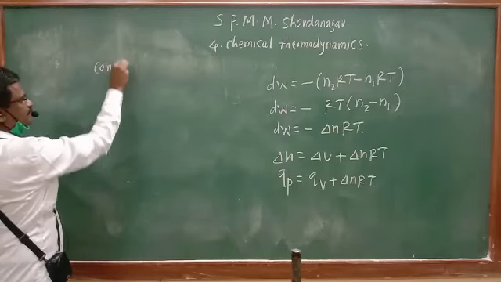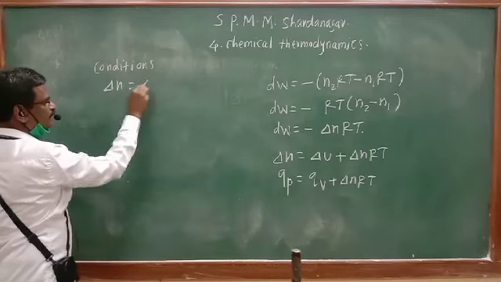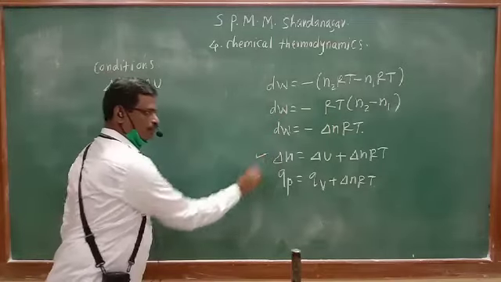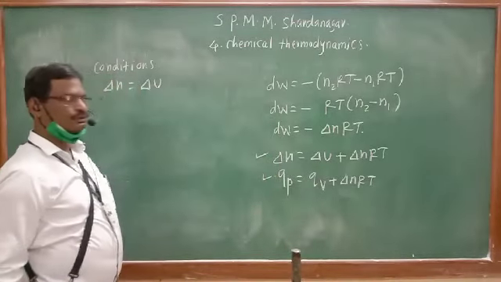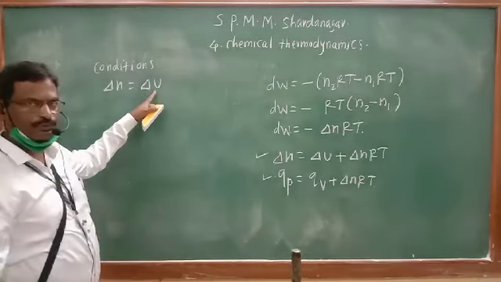See the conditions where delta H is equal to delta U. This equation we know, or this equation we know. We have to find out whenever delta H is equal to delta U.